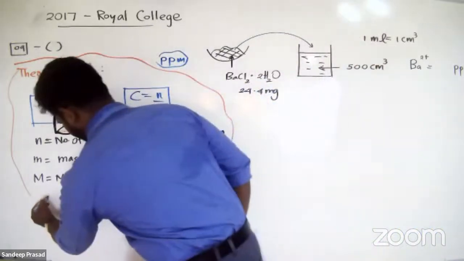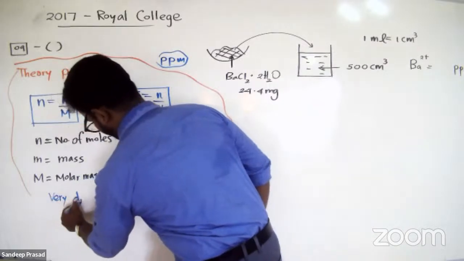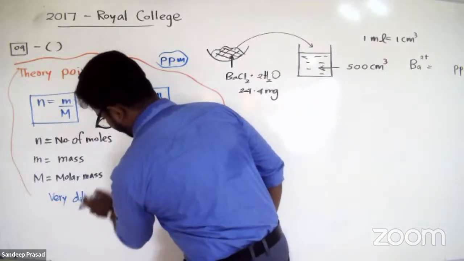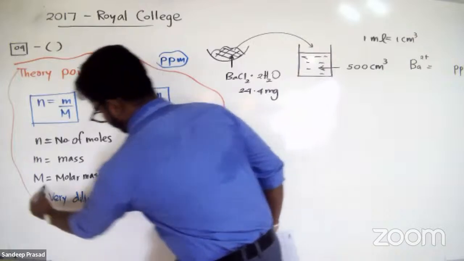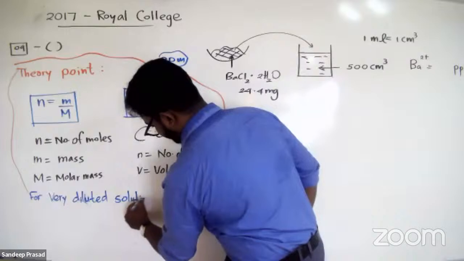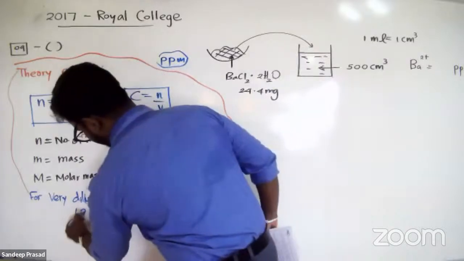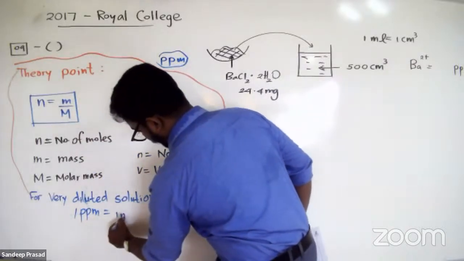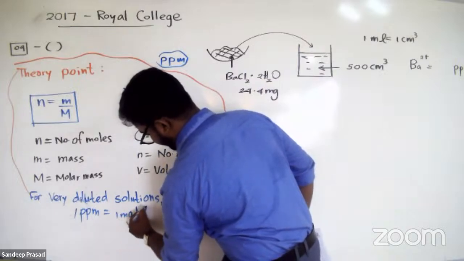So in chemistry, for very dilute solutions, we consider that 1 ppm is equal to 1 milligram per cubic decimeter.